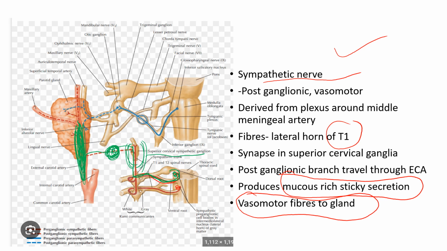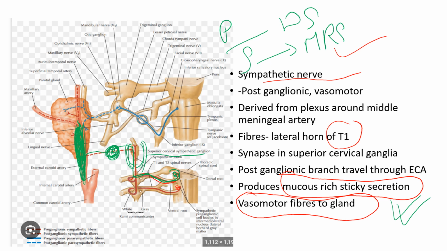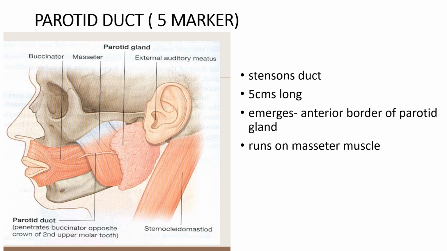They stimulate the parotid gland and bring about the mucus-rich sticky secretion. So, the secretomotor fibers to parotid gland are two types. Parasympathetic will produce watery secretion, whereas sympathetic will produce mucus-rich secretion.